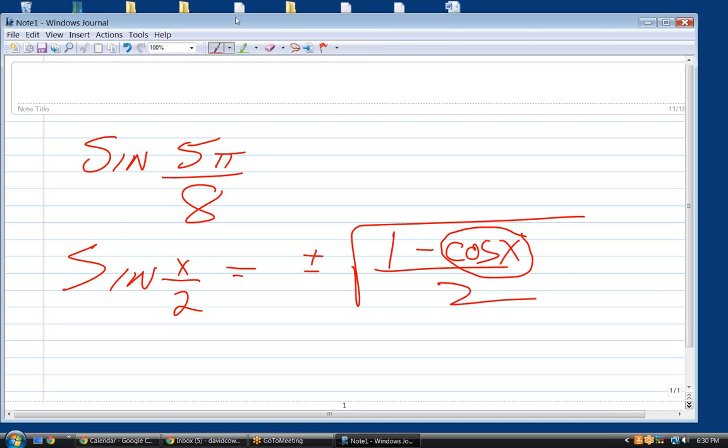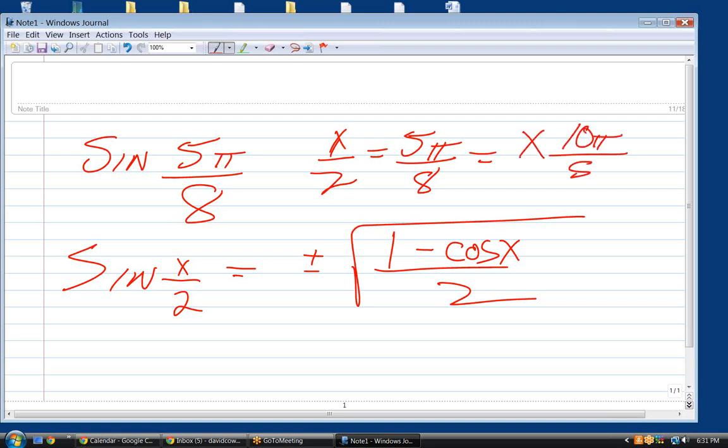If we double the angle, then x over 2 will equal this. Well, if we want x over 2 to equal 5 pi over 8, which we do, then x has to be 10 pi over 8 or 5 pi over 4.